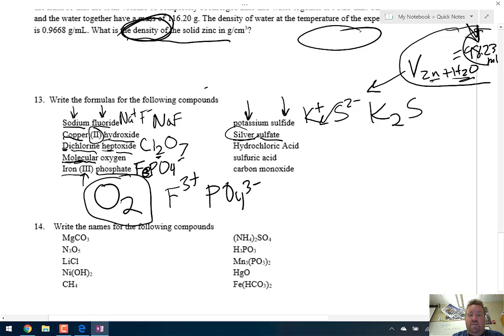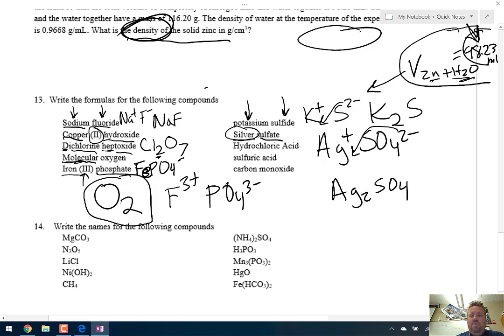Remember, silver is one of those three. Aluminum's +3. Zinc is always +2, and silver is always +1. So Ag+ and SO4 2-. That 2 has to come down here. Ag2SO4. Okay, so silver sulfate is Ag2SO4.